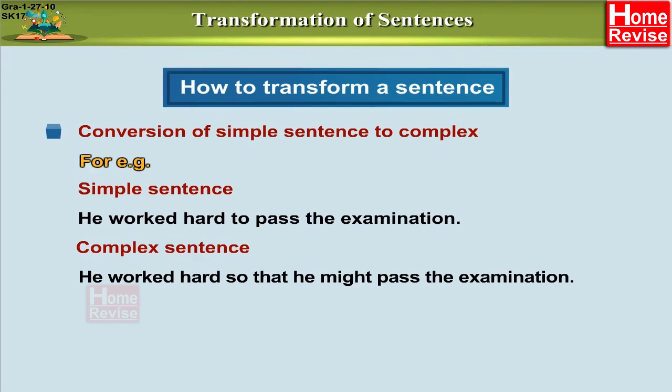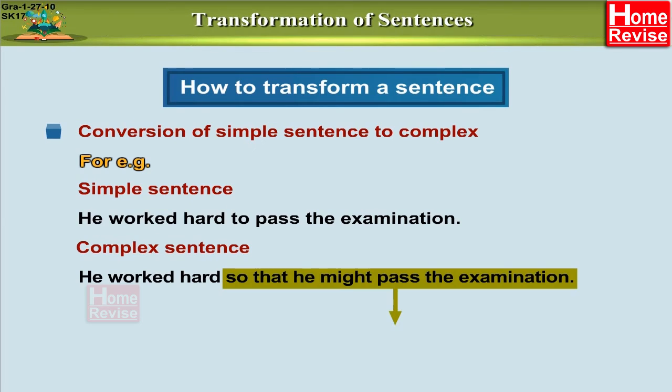Here we have changed this simple sentence into a complex one by introducing a subordinate clause. He worked hard is the main clause. Why? Because it's a complete sentence within itself. It can stand all by itself independently.